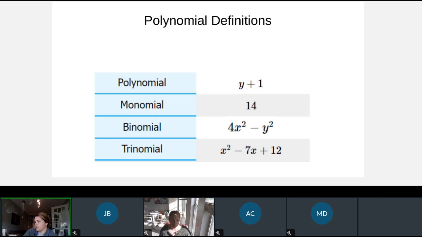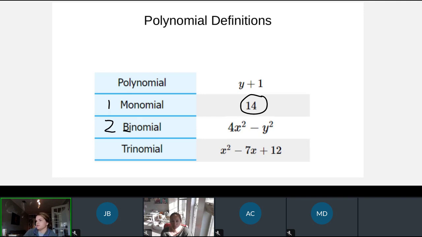Okay, monomial, mono means one. So here I have one term. What do you think binomial means? Like a bicycle. How many wheels does a bicycle have? 2, exactly.